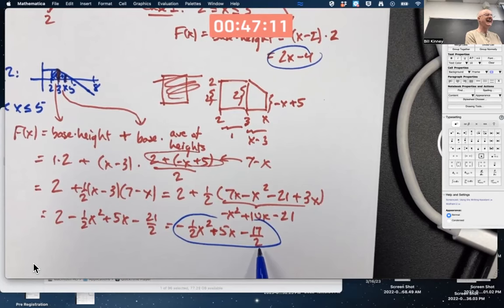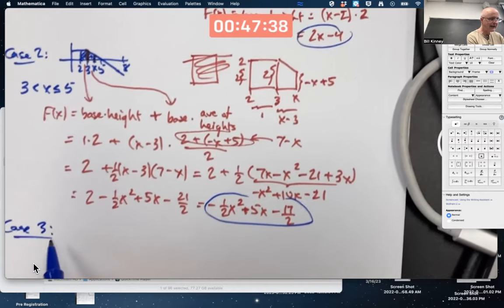Minus 17 halves is what? Negative 26 halves, which is negative 13. 5 times 3 is 15. 15 minus, what did I say, 13? Is 2. Hey! It's right. It's not just a curiosity. This is fundamental. Let's try case 3.